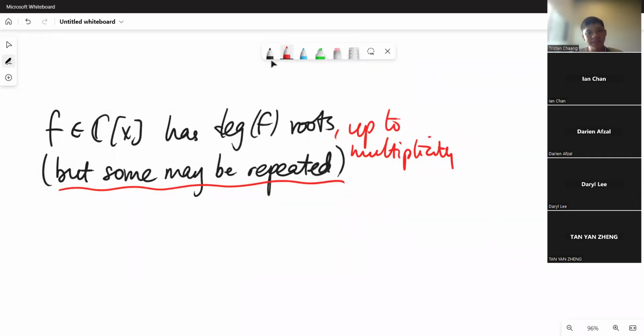Okay, so let's talk about a nice lemma that tells us whether there are repeated roots. This is kind of unrelated to complex numbers, but it works quite well.